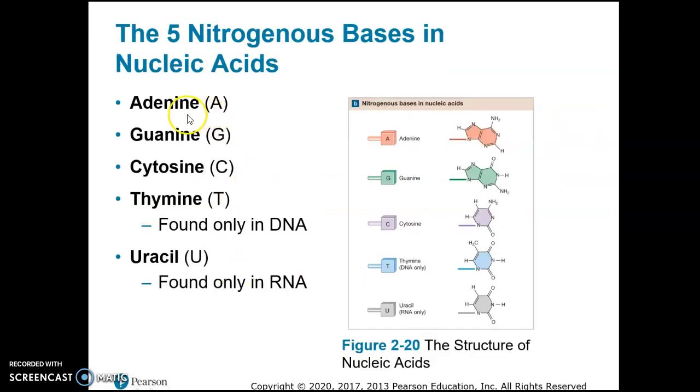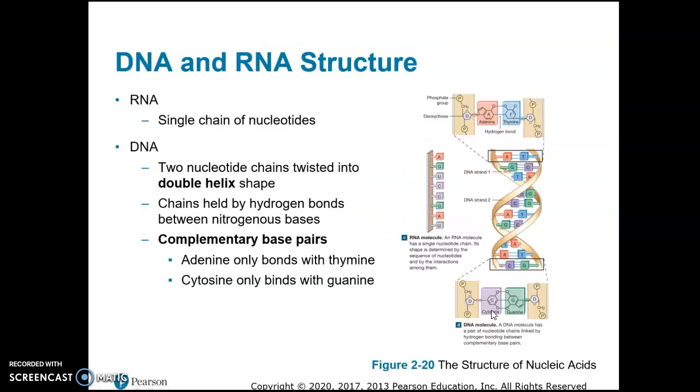The bases are adenine, or A, guanine, or G, cytosine, or C, and thymine, or T. Now, DNA contains thymine, but RNA does not. RNA contains uracil in the place of thymine. These are the structures of those bases.